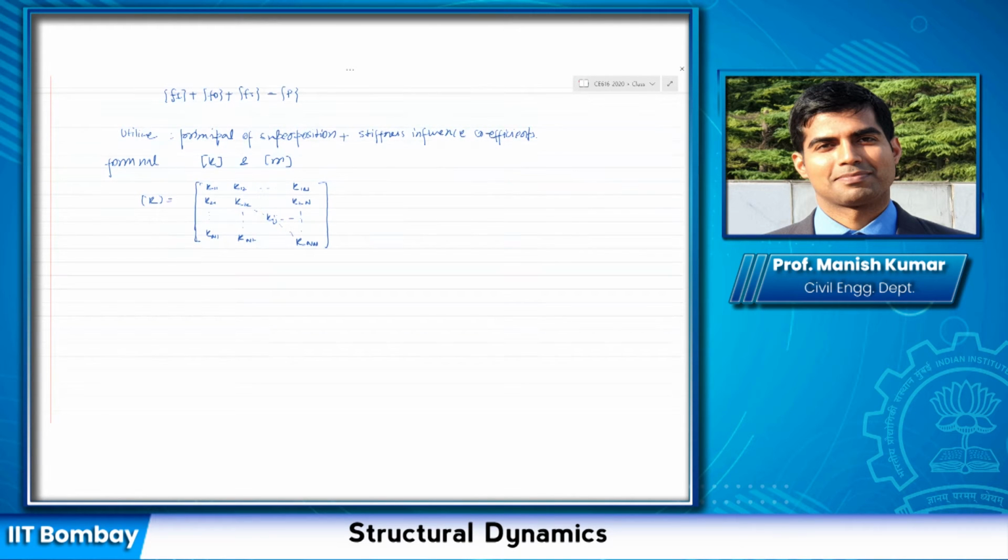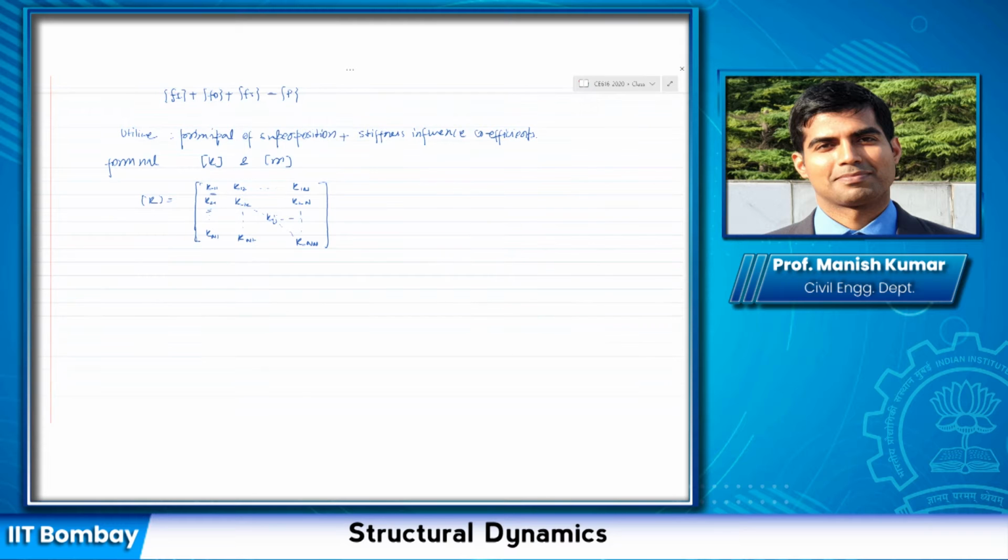What the influence coefficient method does is help us find out these coefficients individually. I can find all these coefficients individually, and then formulate the stiffness matrix without having to write down the long equilibrium equations like we had done previously.